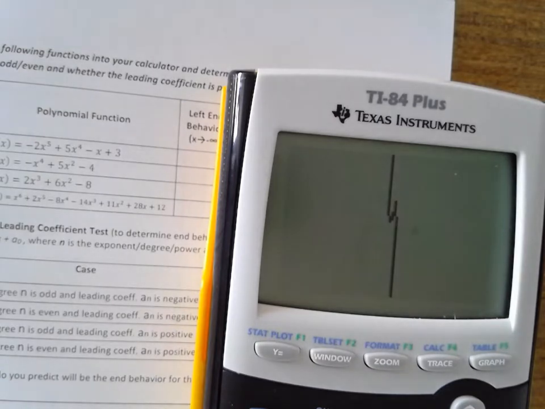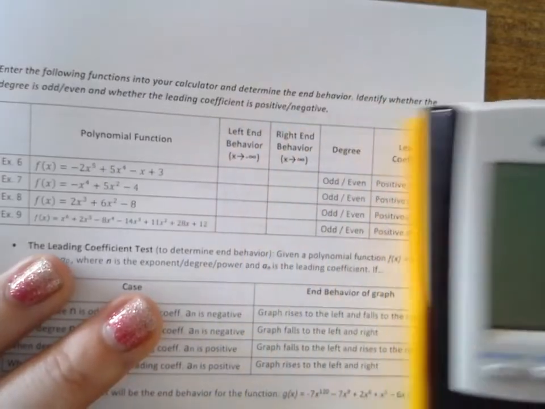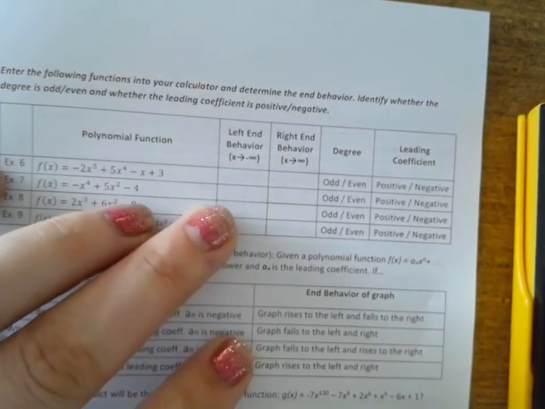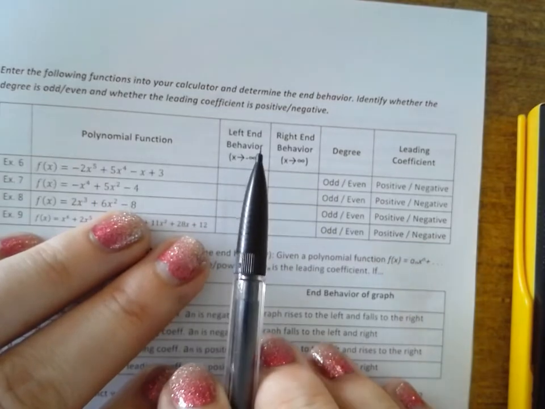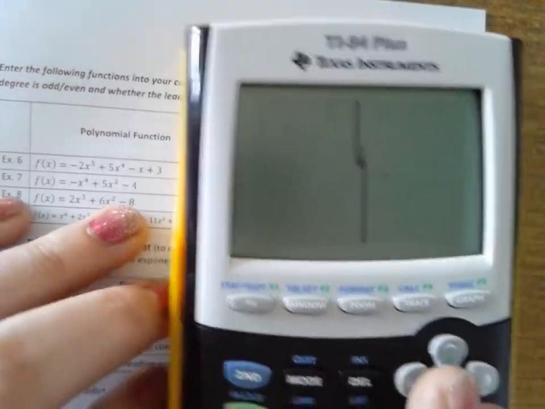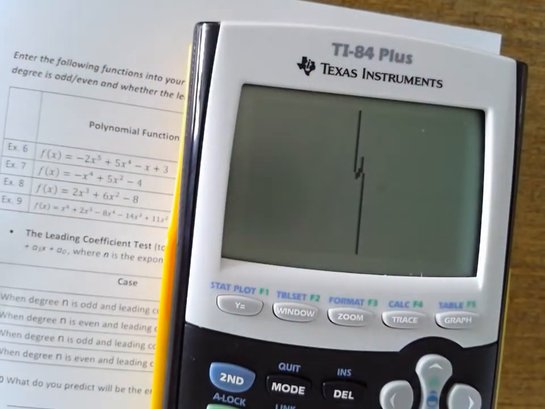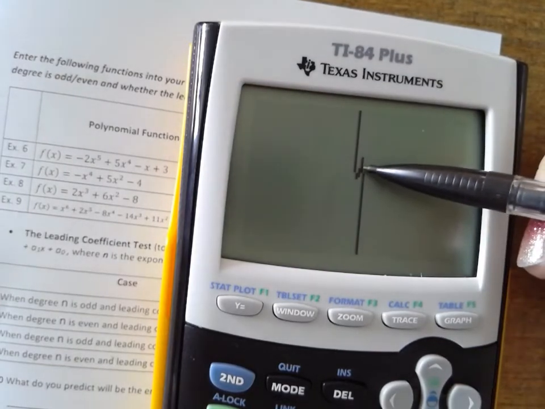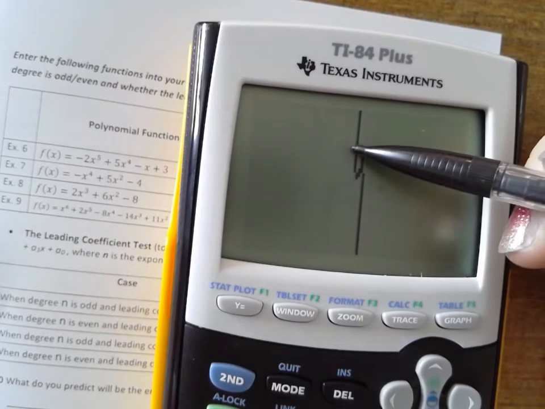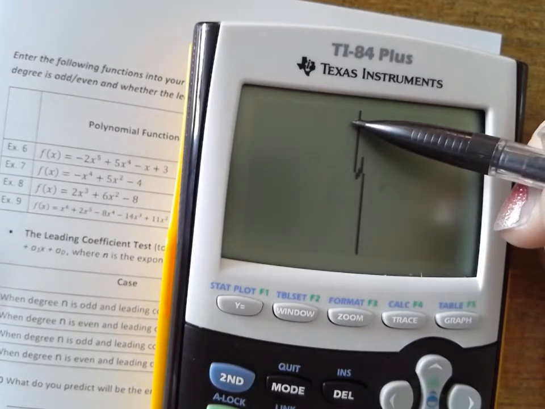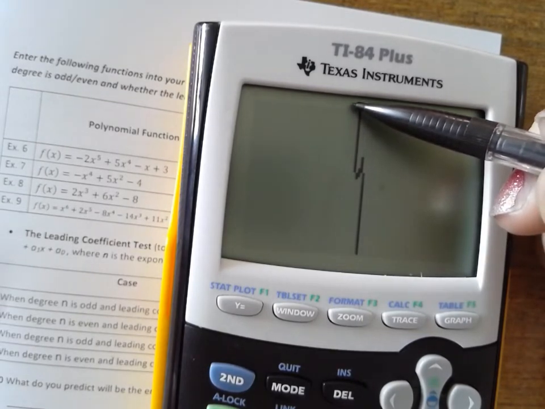So let's look at this language right here. Left end behavior. As x approaches negative infinity, so think about what that means for a moment. How would we approach negative infinity? Going to the left. So as we're riding along this function to the left, what is y doing? It's approaching positive infinity.